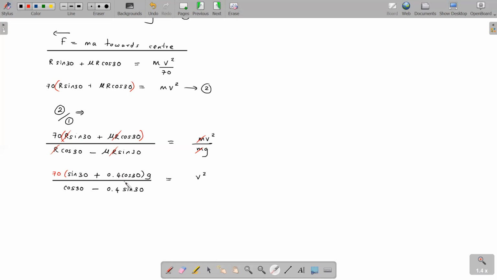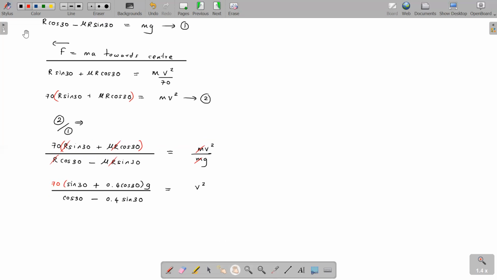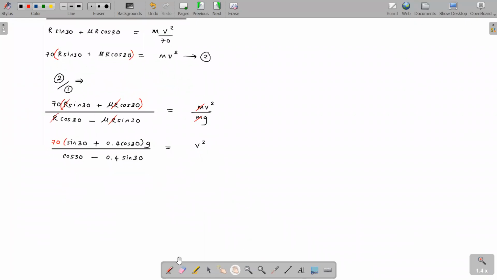So let's keep the 70 out. It's 70 times sine 30 plus 0.4 cos 30, multiplied by g, divided by cos 30 minus 0.4 sine 30. And then you root this. I hope you saw the error.